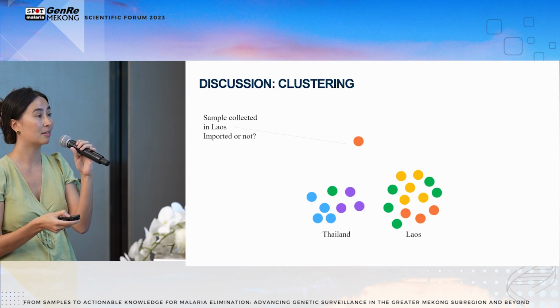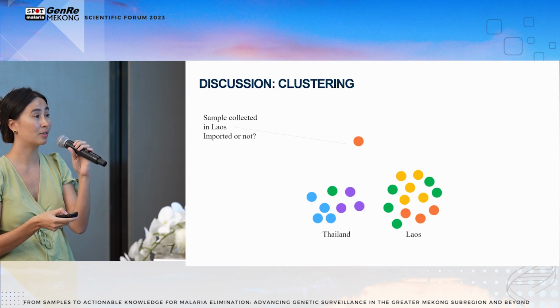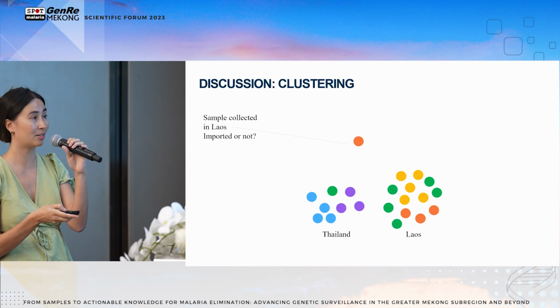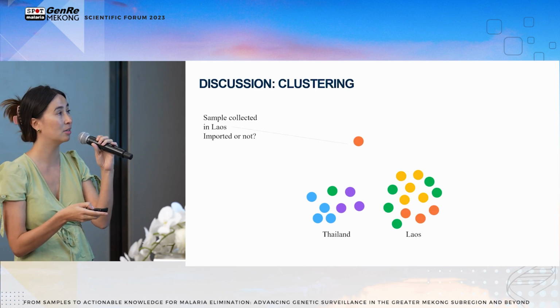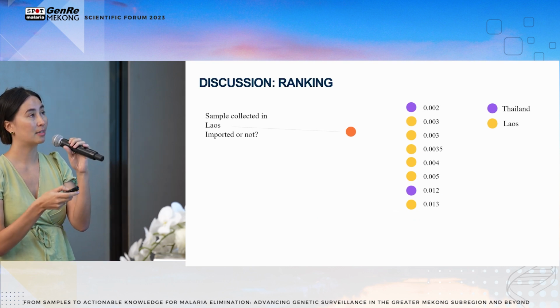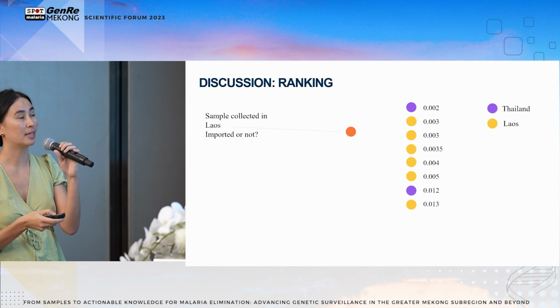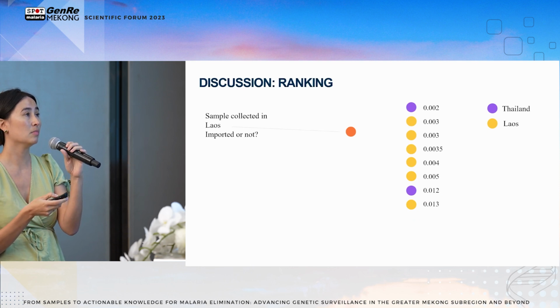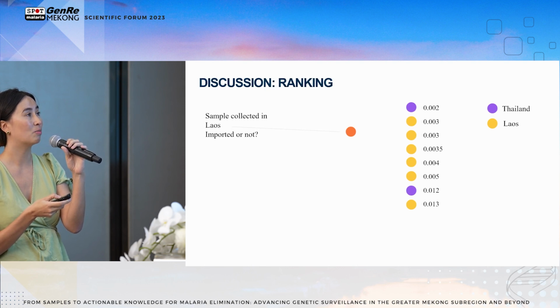Then here you see a cluster of samples that are also orange, and they came from Laos. So you might classify the sample as being from Laos. You can also use ranking, where you line up the samples based on genetic distance, and then make an educated decision about where the sample most likely came from.